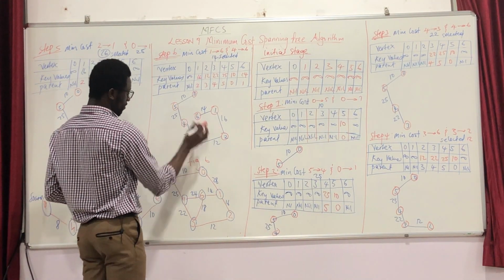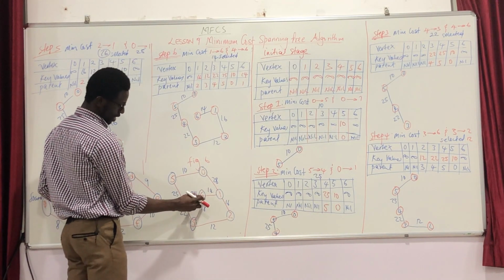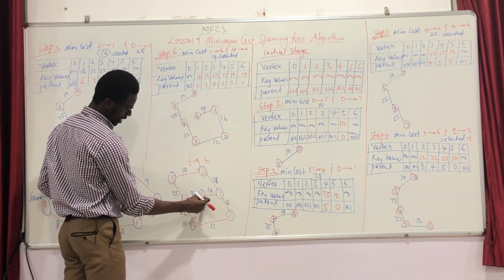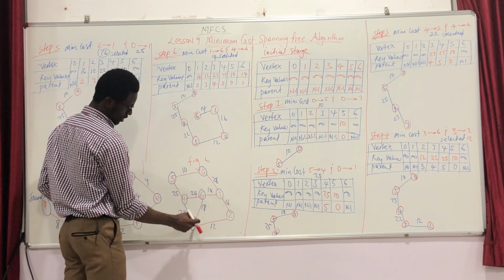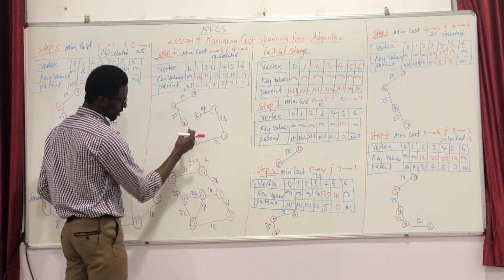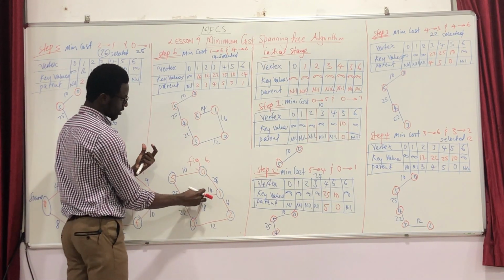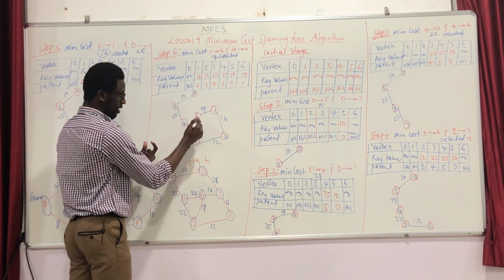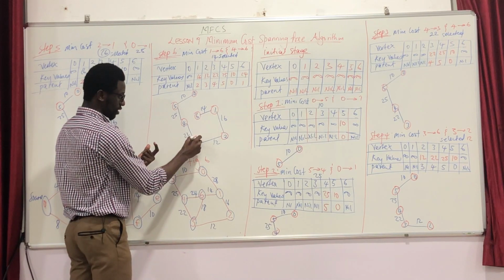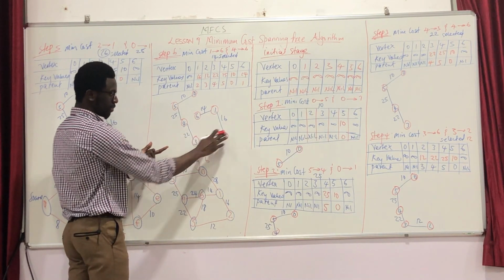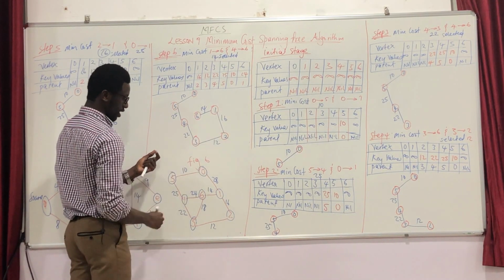For step 7, we can compare here. We can either say 6 to 3. If we select 6 to 3 here, we can form a loop. So we reject 6 to 3 because you can see here, if we join this from 6 to 3, it forms a loop. This one is closed. So we reject.